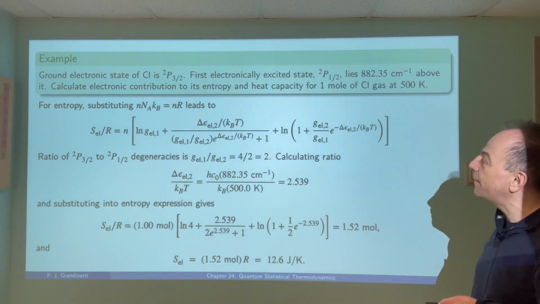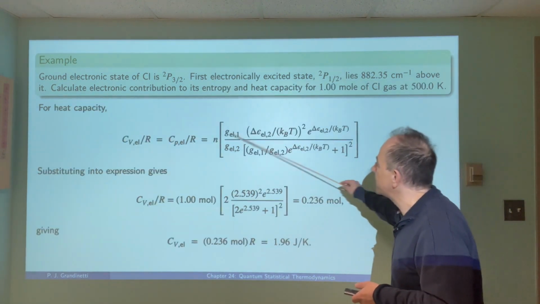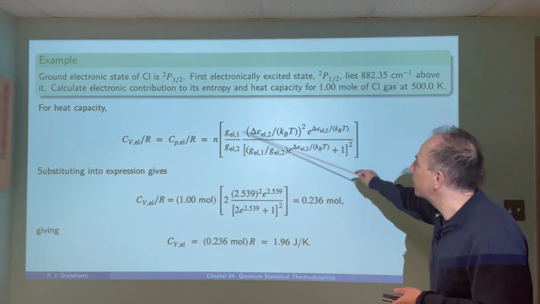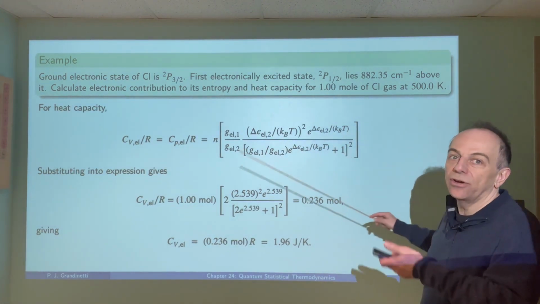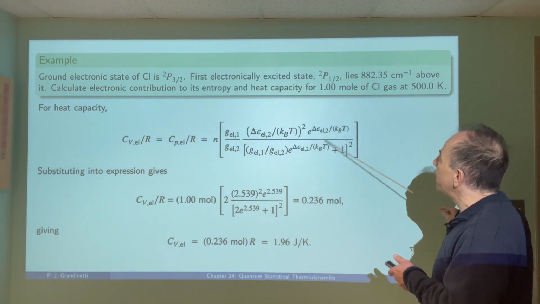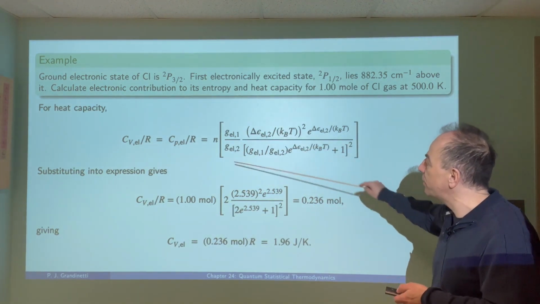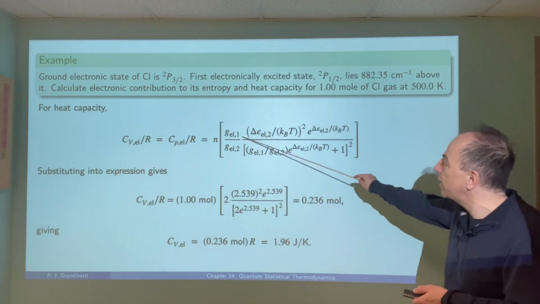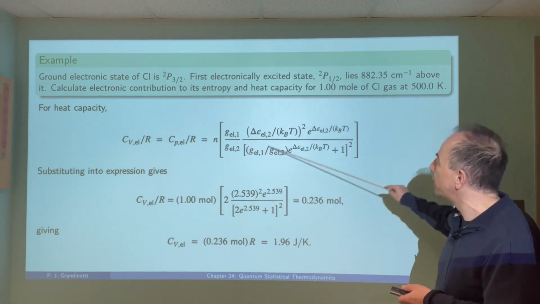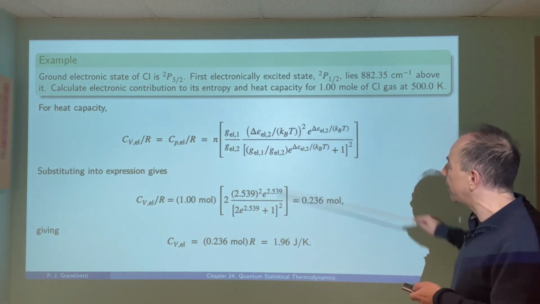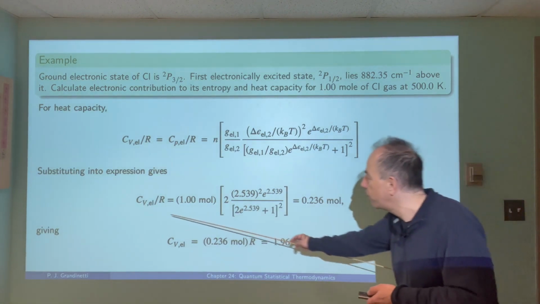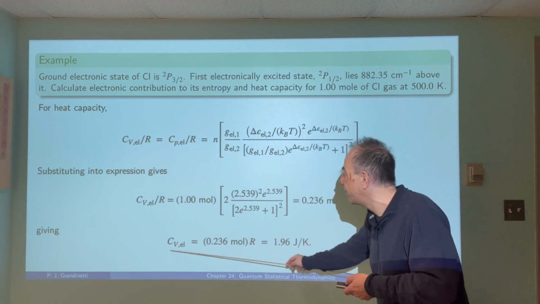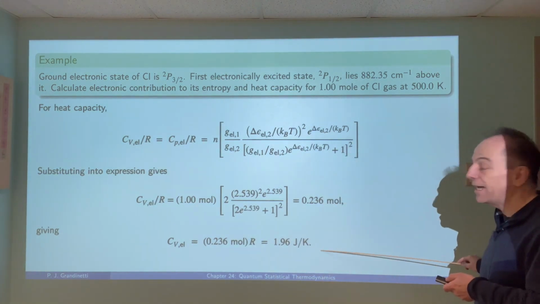Let's look at the heat capacity. Similar, it's a complicated expression here, but it just involves the first excited state. There's no contribution from the ground state. So we've already calculated these ratios, so we'll just go ahead and plug in the numbers for the ratio of the degeneracies and this ratio for the energy over kBT, and you get 0.236 for the heat capacity over R, but multiplied by R, you get 1.96.